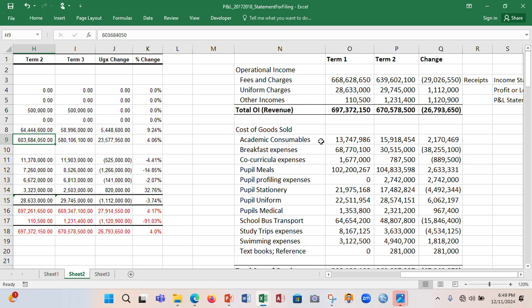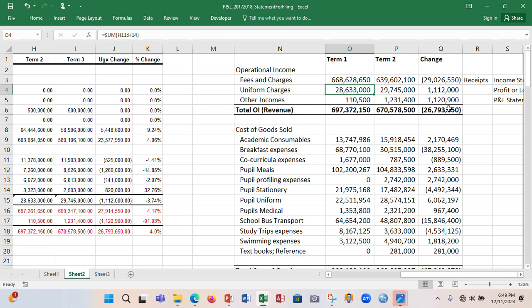But then what did you incur to make that revenue? For example, to sell uniforms here, you have to have purchased those uniforms. So we call them cost of goods sold. Those are the items that are picked from the stock and sold.